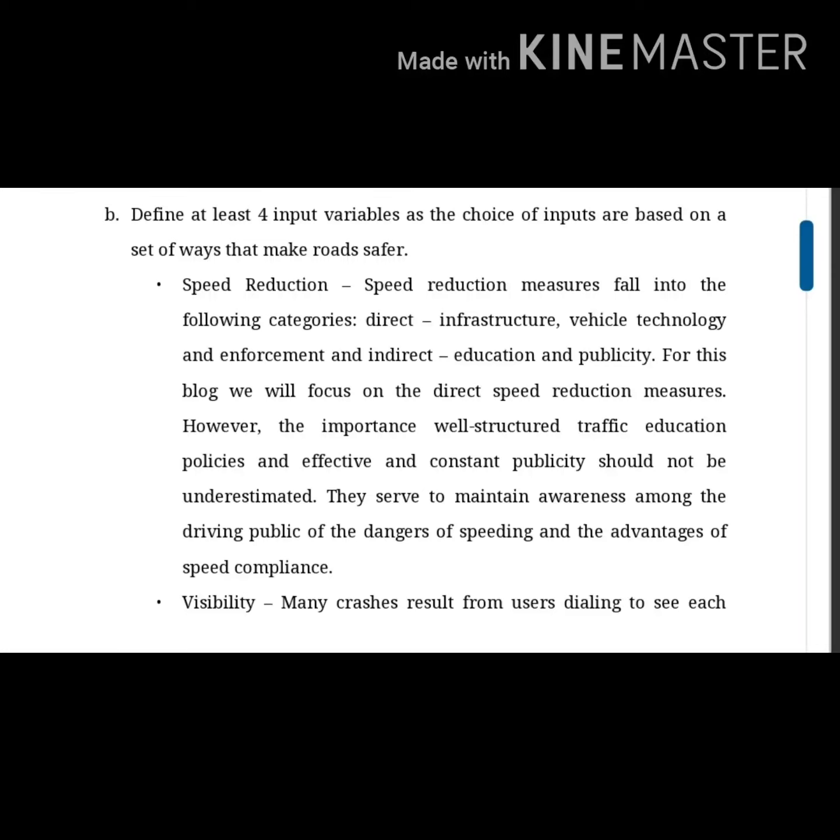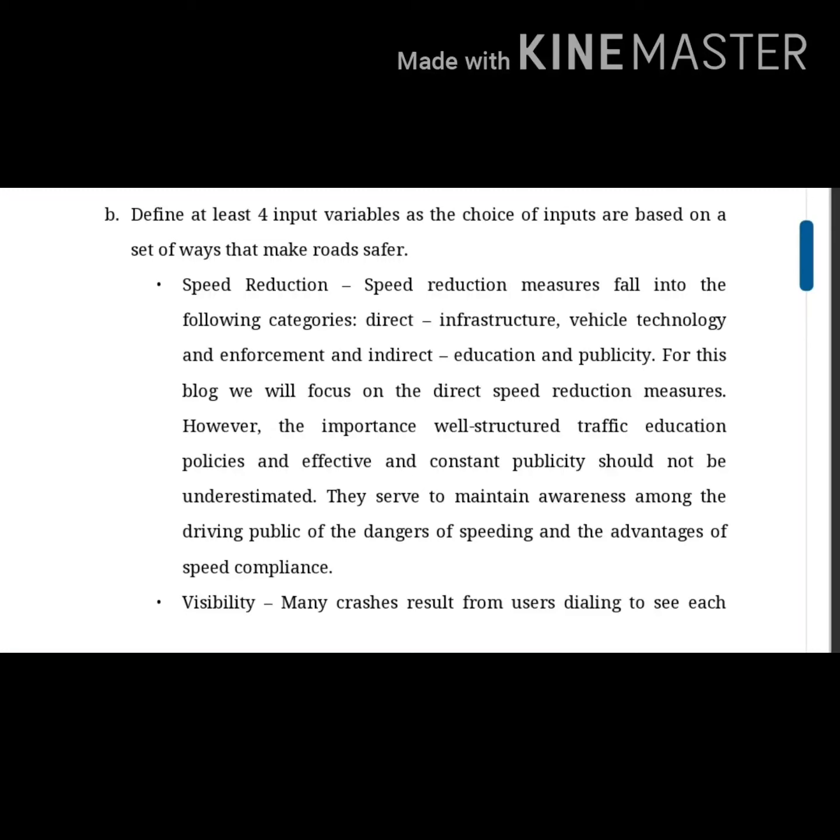First, speed reduction. Speed reduction measures fall into the following categories: direct, which include infrastructure, vehicle technology, and enforcement, and indirect, which include education and publicity. For this block, we will focus on the direct speed reduction measures.